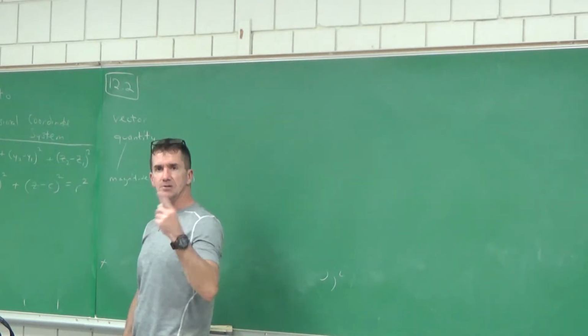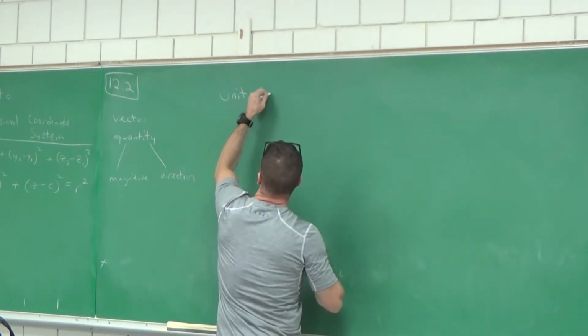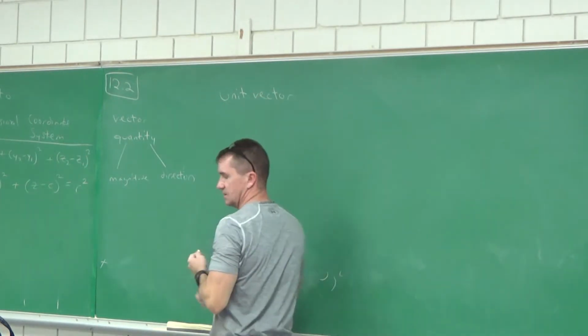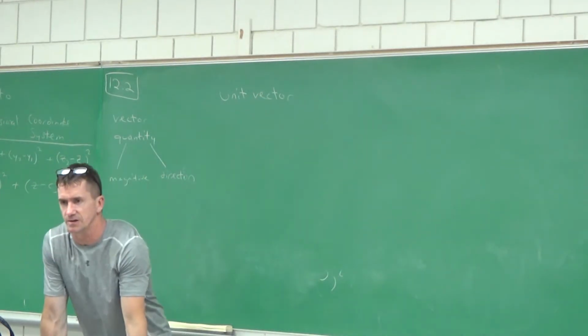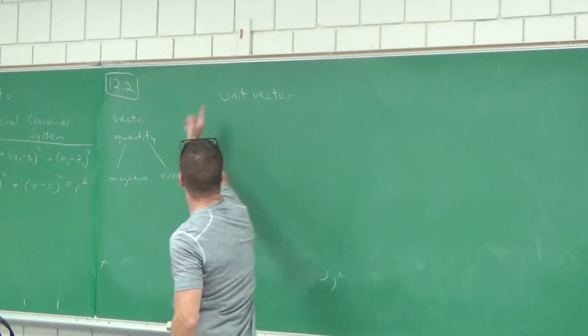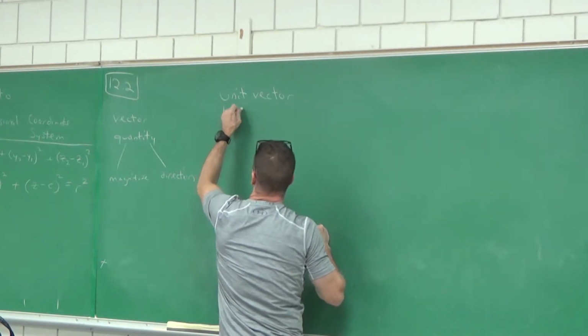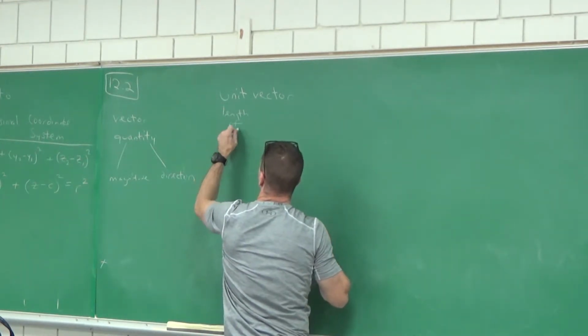You just brought up a term. We should make a formula for this. This is important for a course. Unit vectors are important in calculus 3. Unit means what length? One. So when you hear the word unit vector, a unit is a length of one.